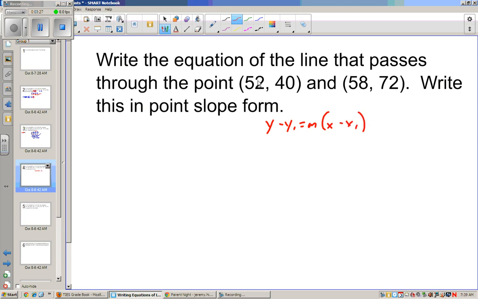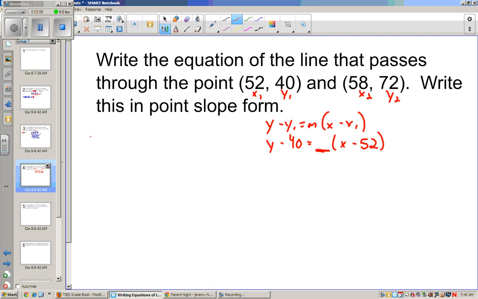So if I do my x1, y1, x2, y2, I could fill in my y1, x1 pretty easily. This would be y minus 40 is equal to our m, which we don't have yet, times x minus 52. So we just need to fill out this m, and then we have our equation in point slope form.